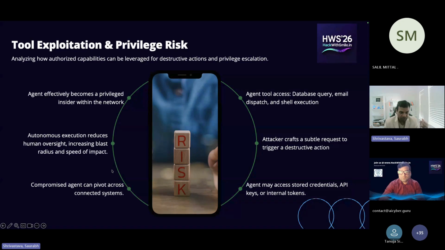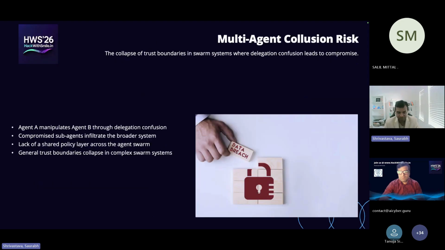Okay, so within your entire agentic AI system, the agent is a highly privileged actor, right? So you have to secure them and limit the blast radius. It means if one agent in the entire schema of the agent orchestrator gets compromised, the others should not be. That's how you need to stop that as well.